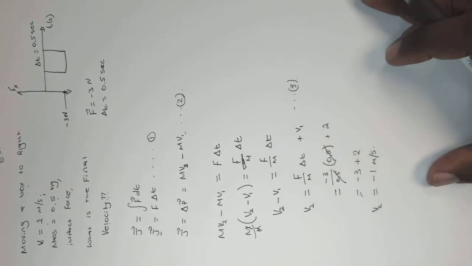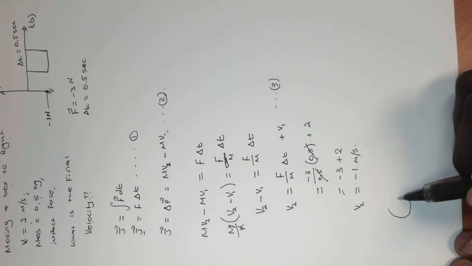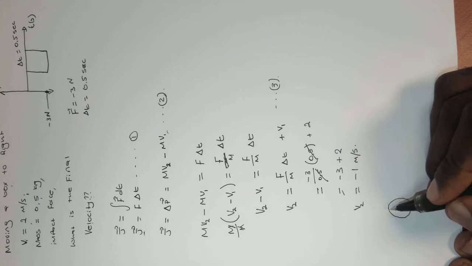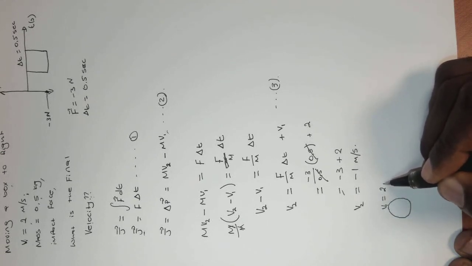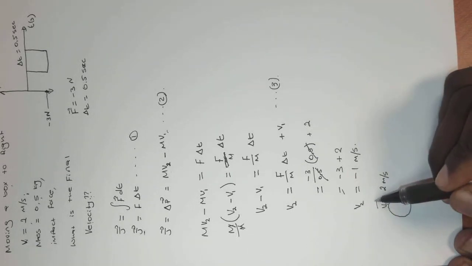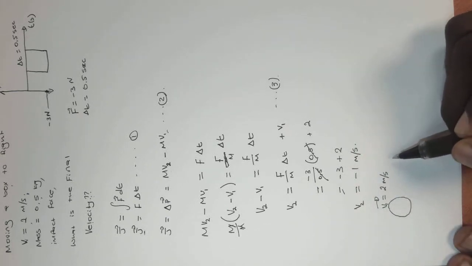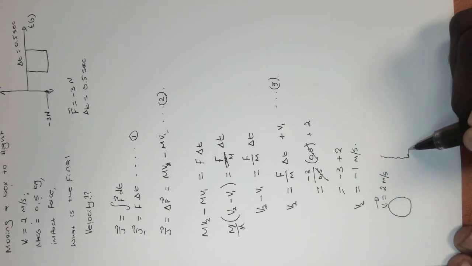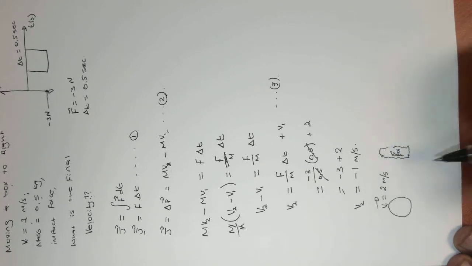So we can plot this just to check. You have this object moving at v initial, which is equal to 2 meters per second. Let's say the direction is the positive x-axis, and along the line there is this force acting on this object.